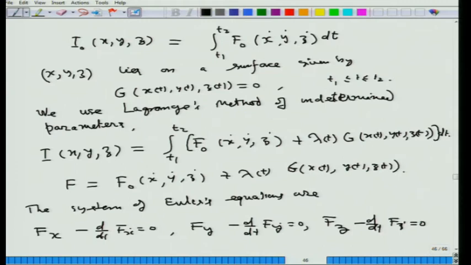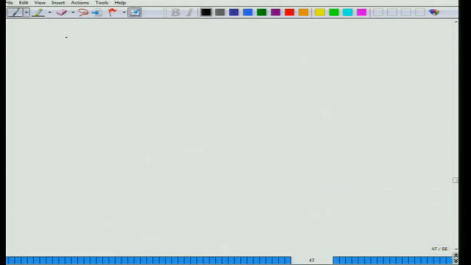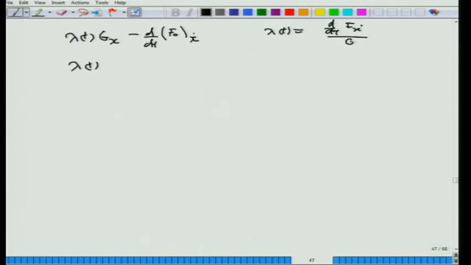So, here these give us, f x will give us lambda times g x. So, that is what we get, lambda t g x minus d by dt of f x dot equal to 0. So, solving it for lambda t, we get lambda t equal to d by dt of f x dot over g x.